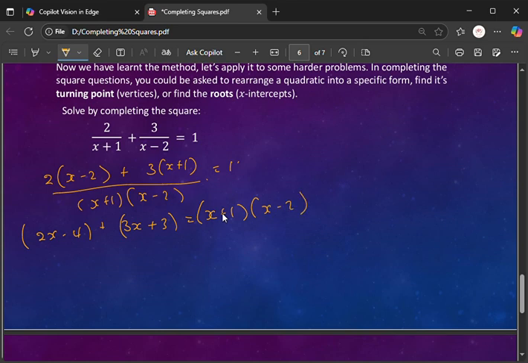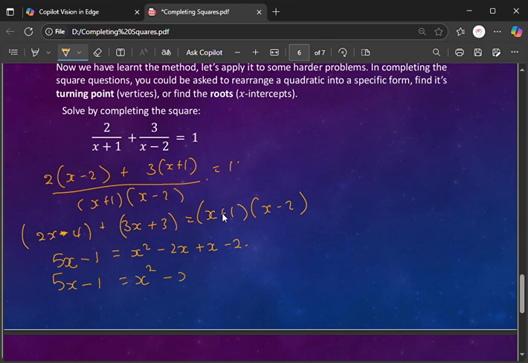So here you are collecting like terms, so this will be 5x minus, this is minus 4 plus 3, that gives us a minus 1 equals x squared minus 2x plus x minus 2. Okay, so simplifying, I'm just helping you to start, but you'll complete.